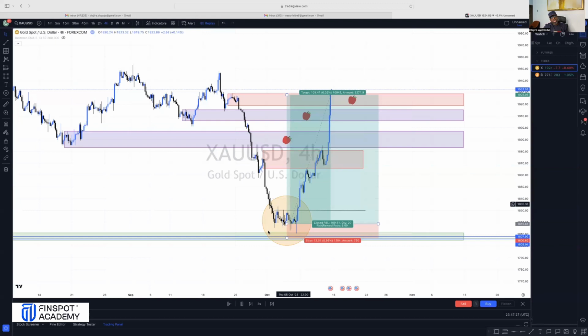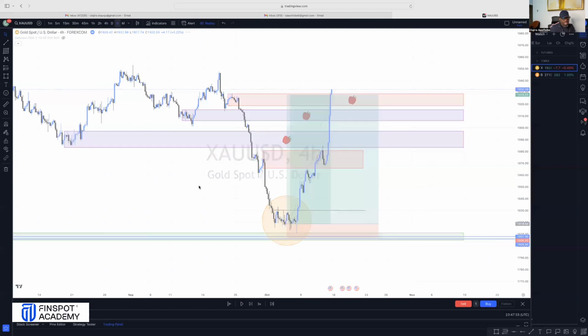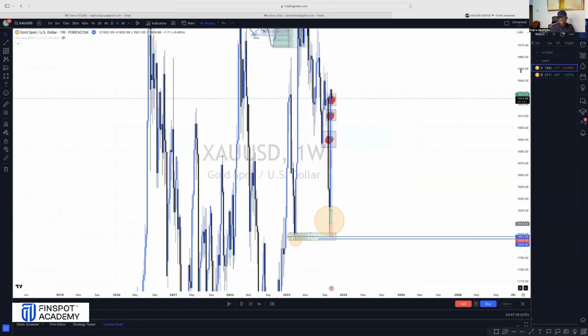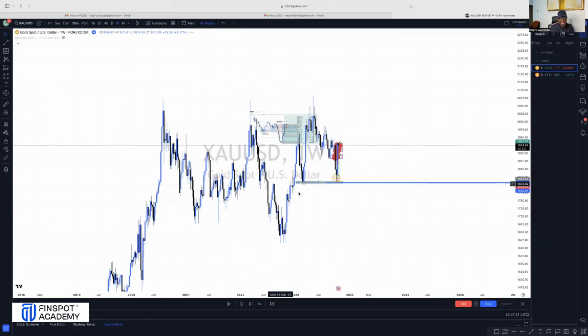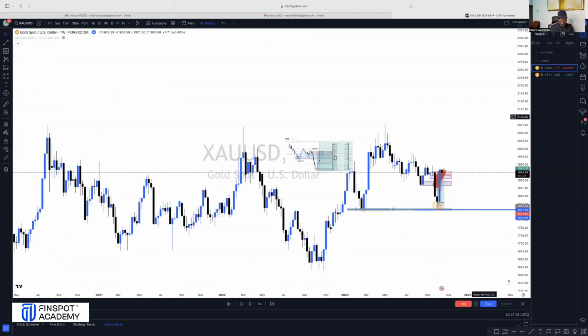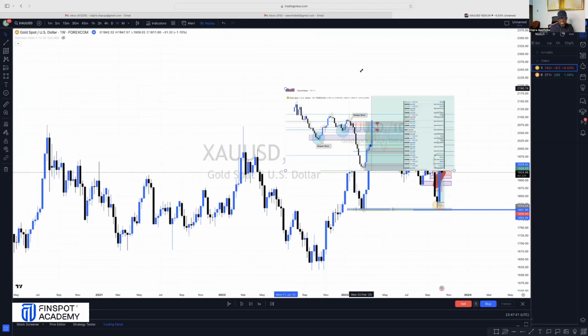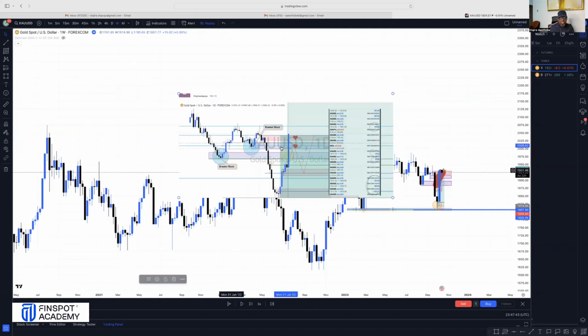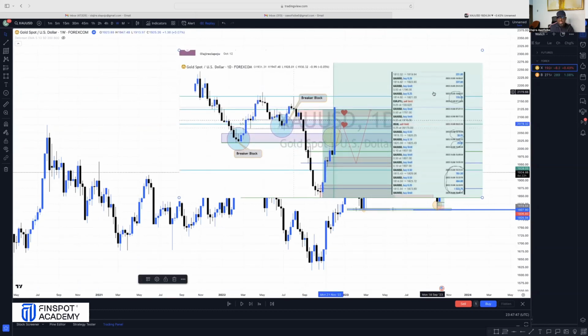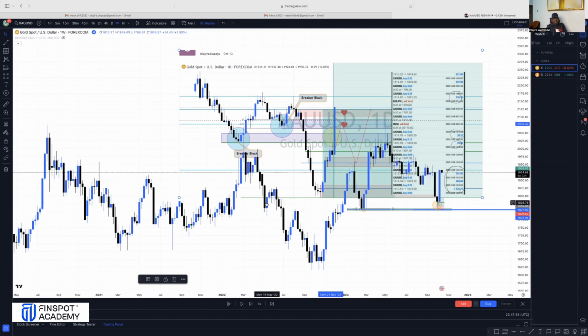This was the trade that I took in the course of the week. And guys, if I go back to the weekly so I can show you my results, you can see that I traded that and shared it on TradingView. For those of you who follow me on TradingView, you would notice that I shared this, and this was the result, and this was how it all played out in the course of the week up until Friday.